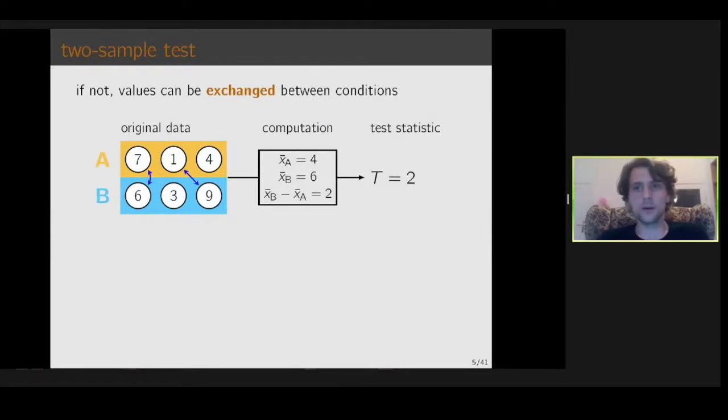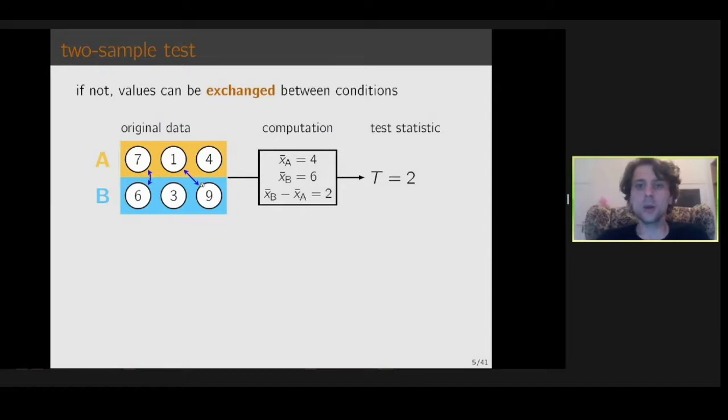If there's no mean difference between the groups A and B, values can be exchanged between conditions, because this wouldn't change the relative distribution of the conditions. For example, we could exchange the 7 with the 6 and the 1 with the 9.